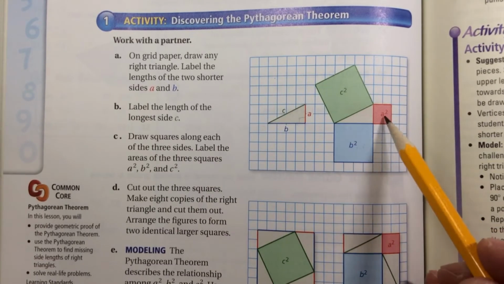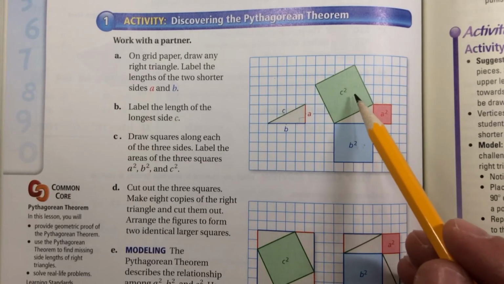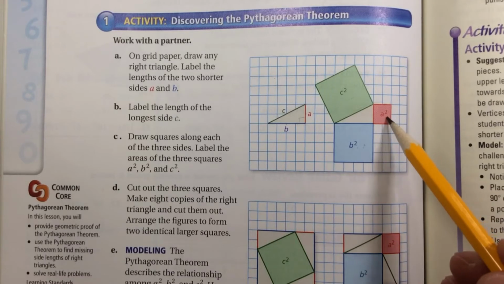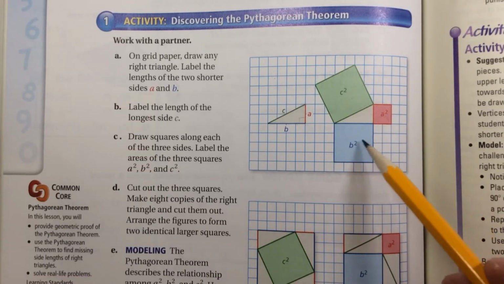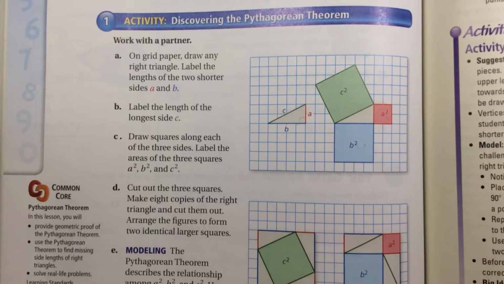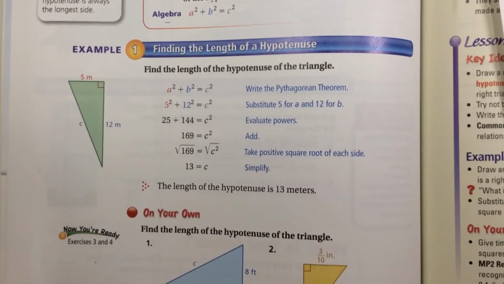If you add these two areas together, it would equal this green area. So this blue area plus this red area, if you put them together, you would get the same area as this green square. Okay, a squared plus b squared equals c squared.